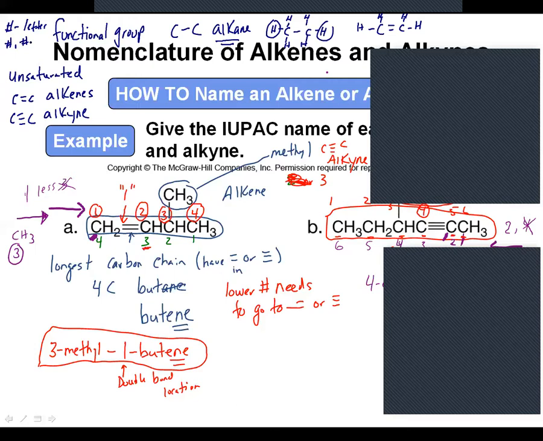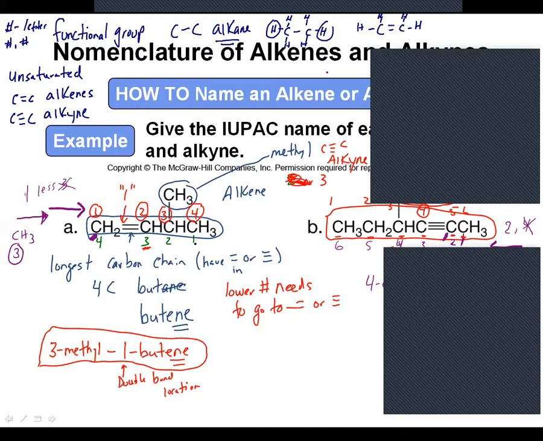Also different is how we go about numbering alkenes and alkynes. Because the functional group is a double bond or a triple bond, the functional group gets the priority in terms of numbering. So like the two examples that we have up here on the screen that we went through at the end last time, here we have our double bond coming this way. And if we number the carbons, this would be carbon 1, carbon 2, carbon 3, carbon 4.